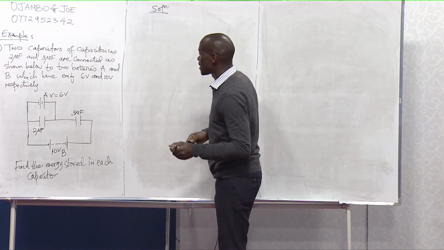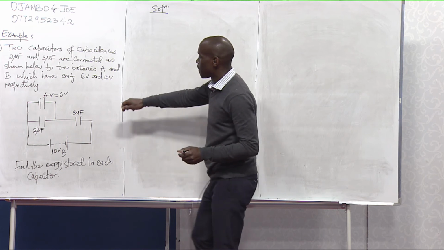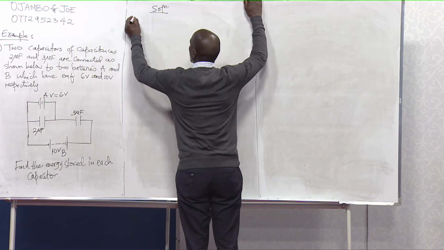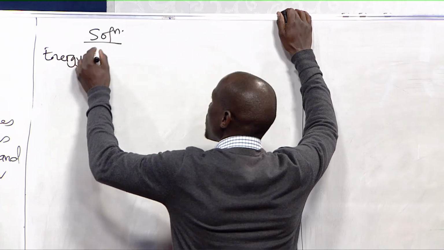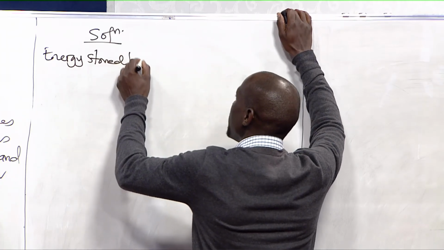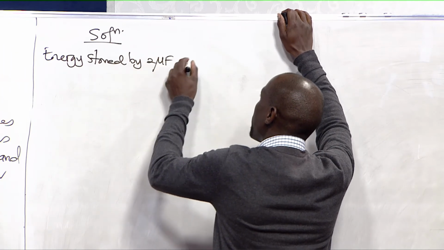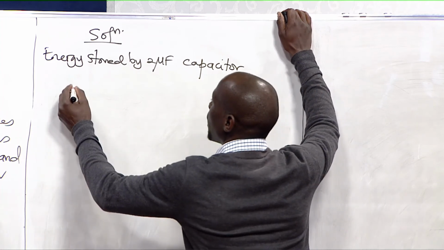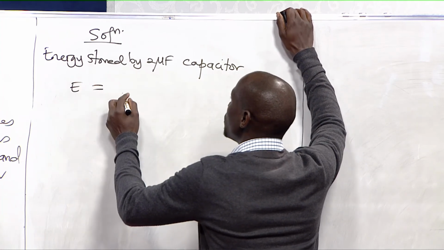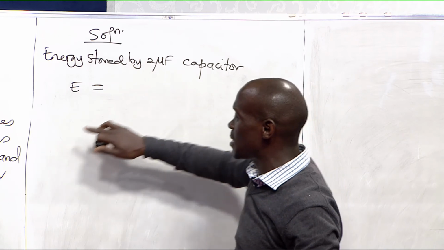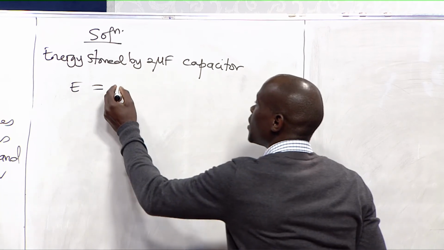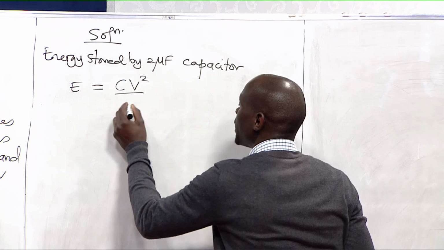So suppose I start by getting the energy stored by the 2 microfarad capacitor. We know E is equal to, now because I have the capacitance and I have the PD, I can use the other formula, which is CV squared over what?